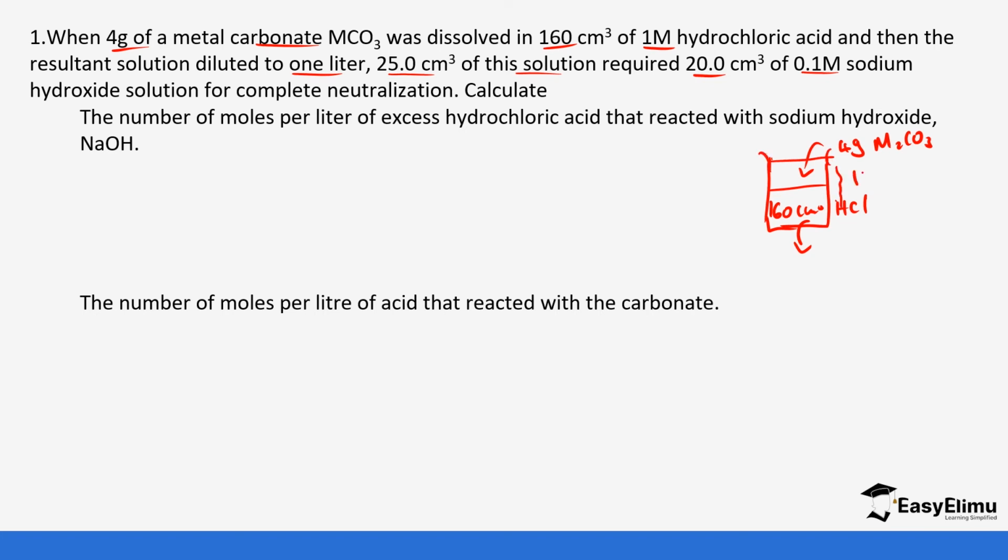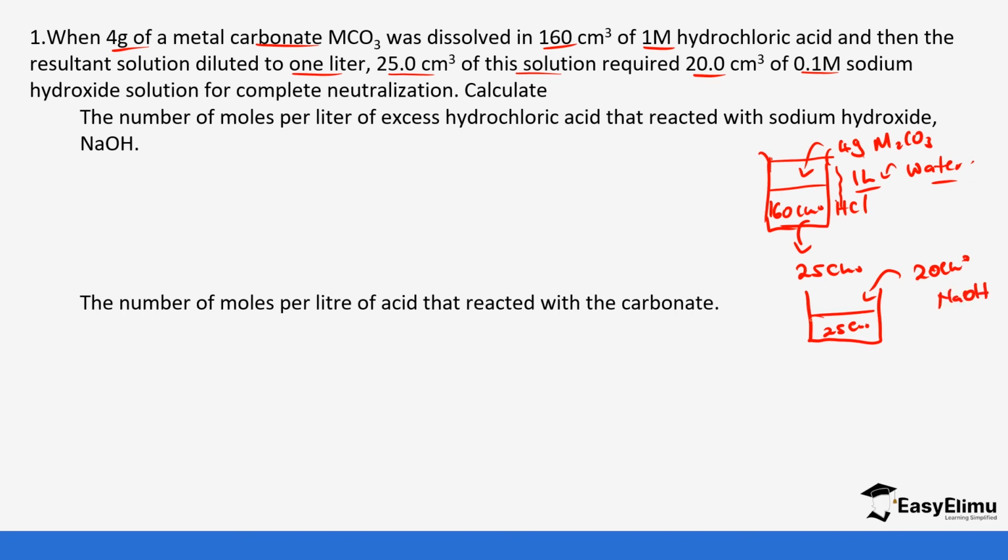So at the end, we have 1 liter of solution, because we added the water. Remember, nothing really changes here. Some of the hydrochloric acid will react with the carbonate, and then we only pick 25 centimeters cubed of this solution. To this 25 centimeters cubed we add the 20 centimeters cubed of the sodium hydroxide.